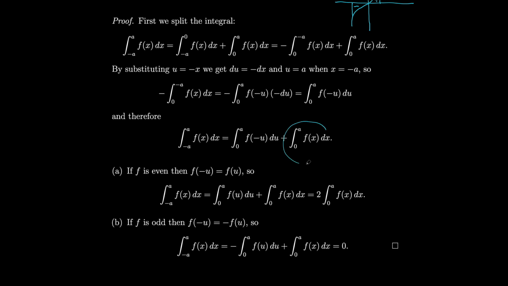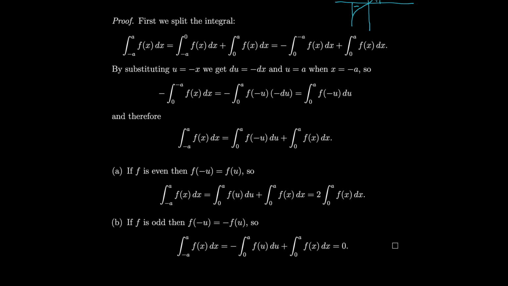And then we keep this guy as 0 to a of f of x dx. One's in terms of u, this one's in terms of x. Remember, these are definite integrals, so it doesn't matter. You don't have to substitute back. These guys are identical to each other. So it's just 2 times the integral of f of x dx, assuming that f is even.